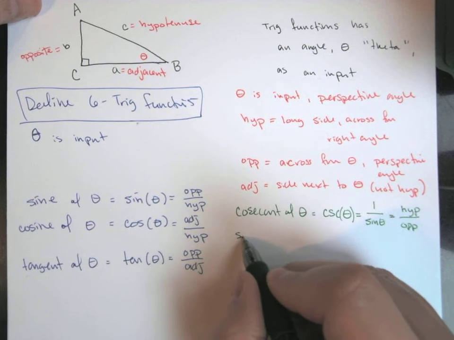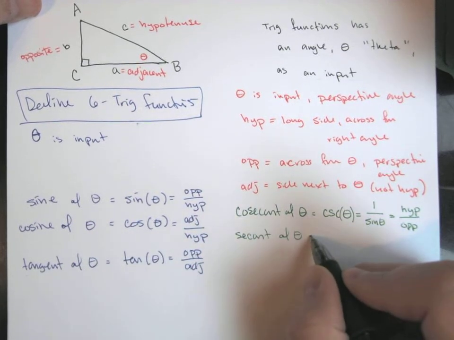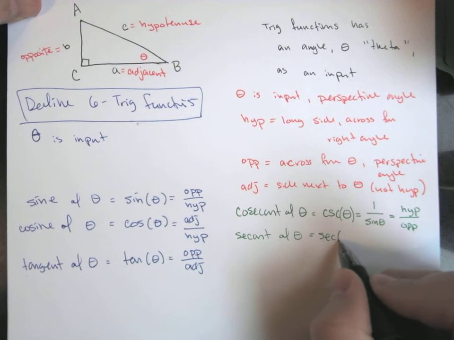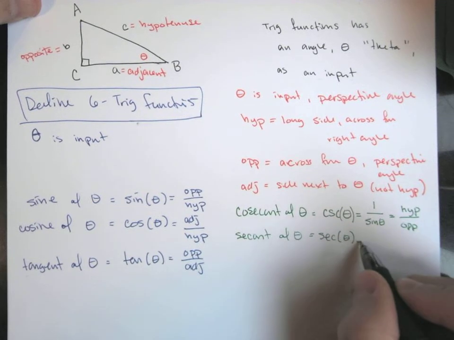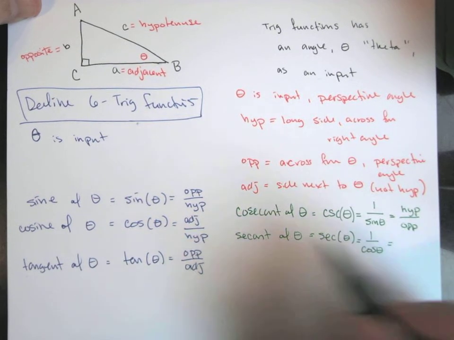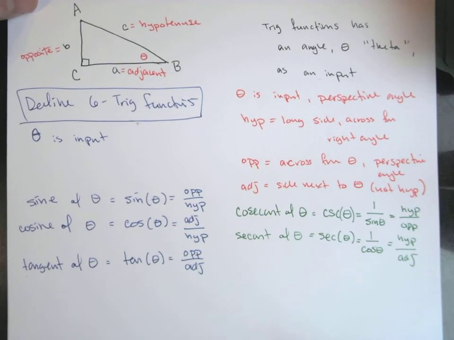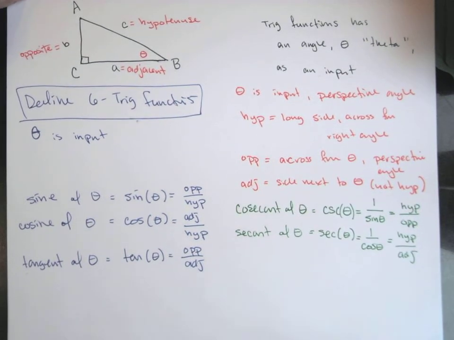The next one is secant, so secant of theta. So that's going to be SEC, and that's the reciprocal for cosine. So 1 over the cosine of theta. So that's the hypotenuse over the adjacent. Need to leave just a little bit more space. We're getting just a little bit squeezed here.